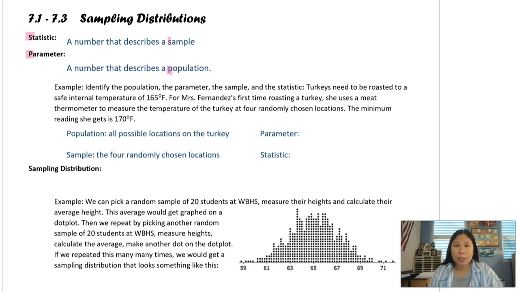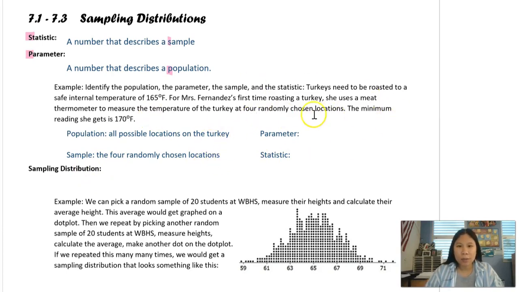For the parameter, this is supposed to be a number that describes the whole population. If we read back to the problem, we have 2 numbers: the 165 number and the 170 number. Our parameter needs to be a number that describes the whole population, which we said was all possible locations on the turkey. Versus the sample, for our statistic, the number has to describe the 4 randomly chosen locations.